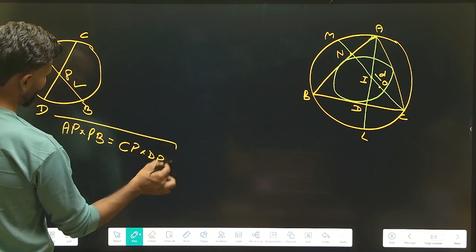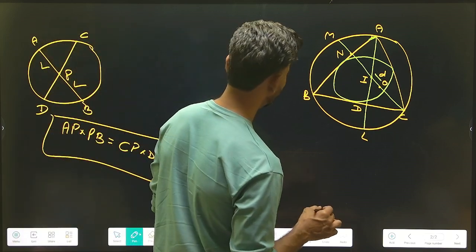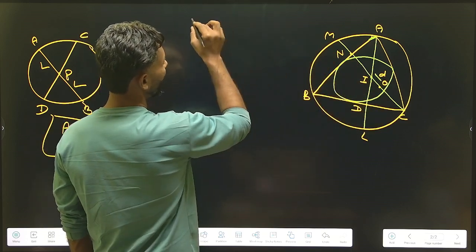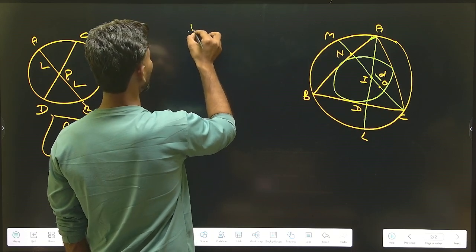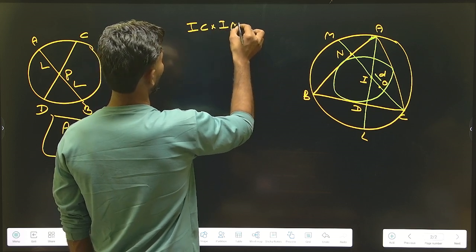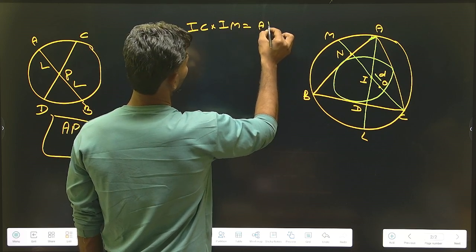This is the basic property of the circle. In the same way, IC multiplied by IM will be equal to AI multiplied by IL.